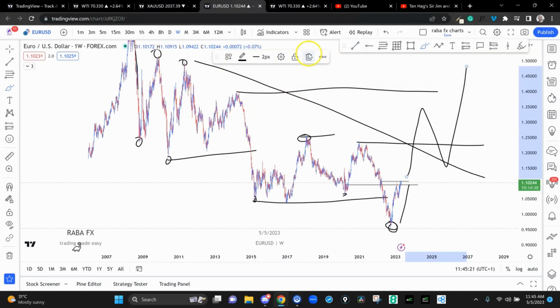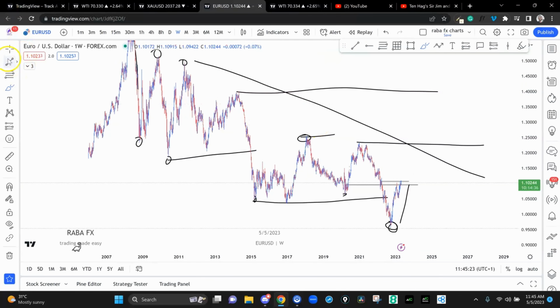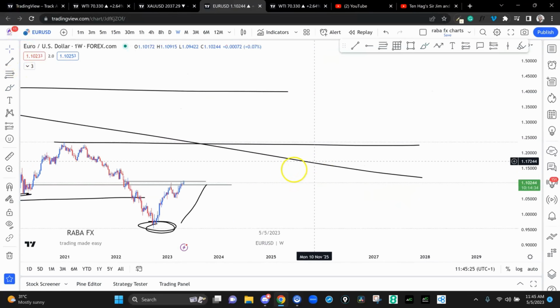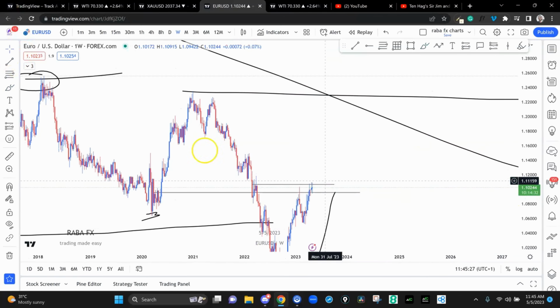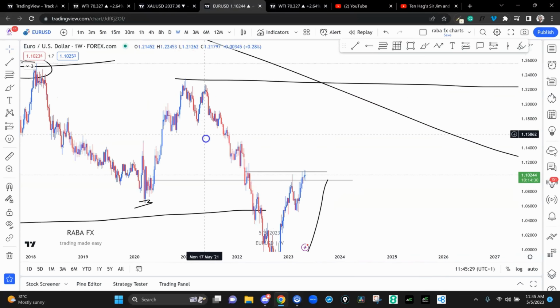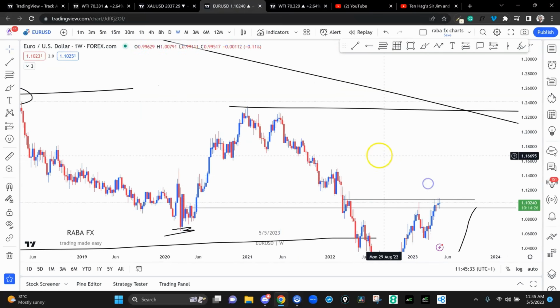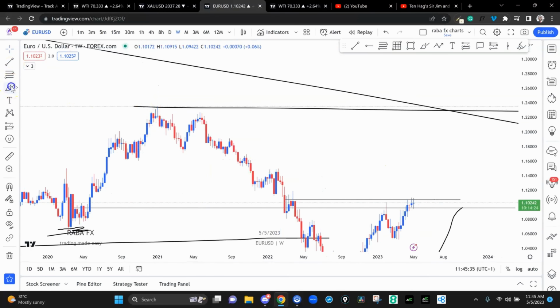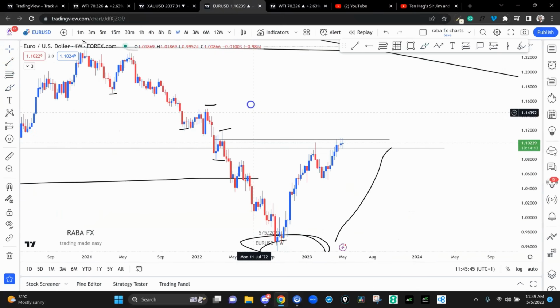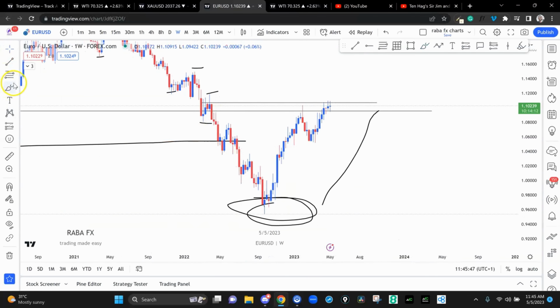However, within that weekly zone we have minor structures. Within this big weekly move, this leg of structure down, we have minor structure, which is this here: high, low, high, low, high, low, high, low.